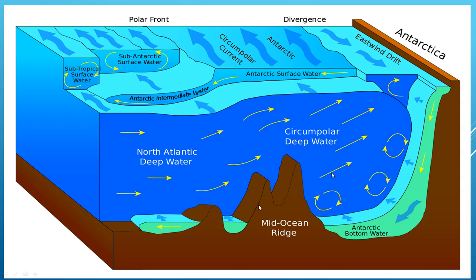And just another diagram showing you some of the little eddies that can pinch off and circulate, forming little cells here. Circumpolar deep water making its way up and bringing that heat to the underside of the shelves. It's showing you east wind drift, circumpolar current, polar front divergence, etc. This is just a diagram reinforcing what we've been discussing to this point.